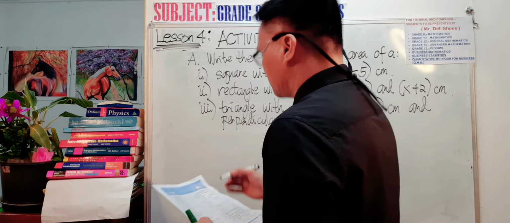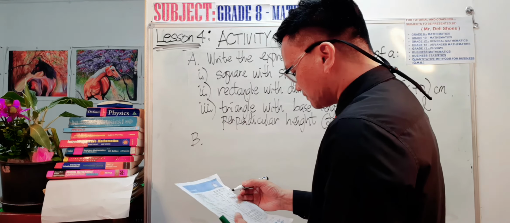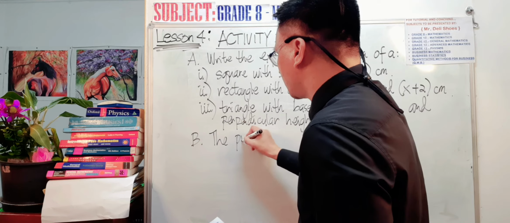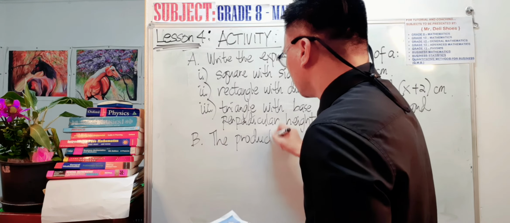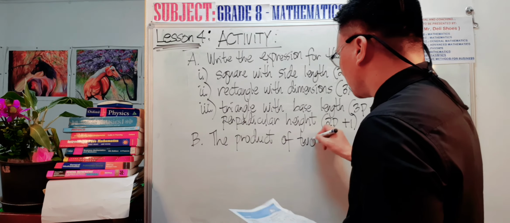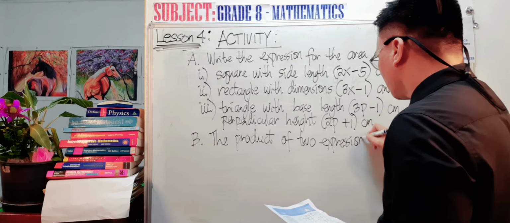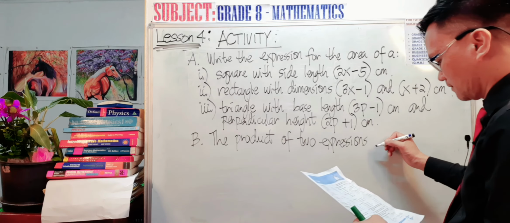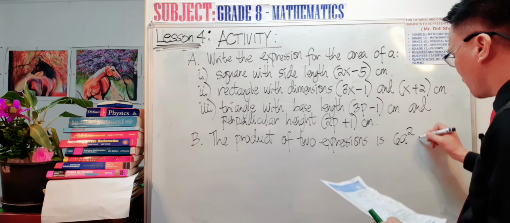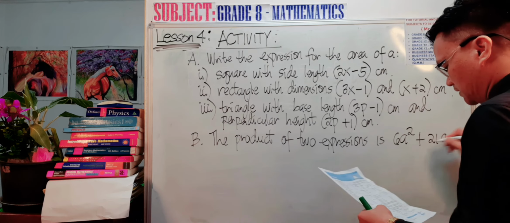And then for my letter B, answer this one. The product of two expressions is 6a square plus 21a.